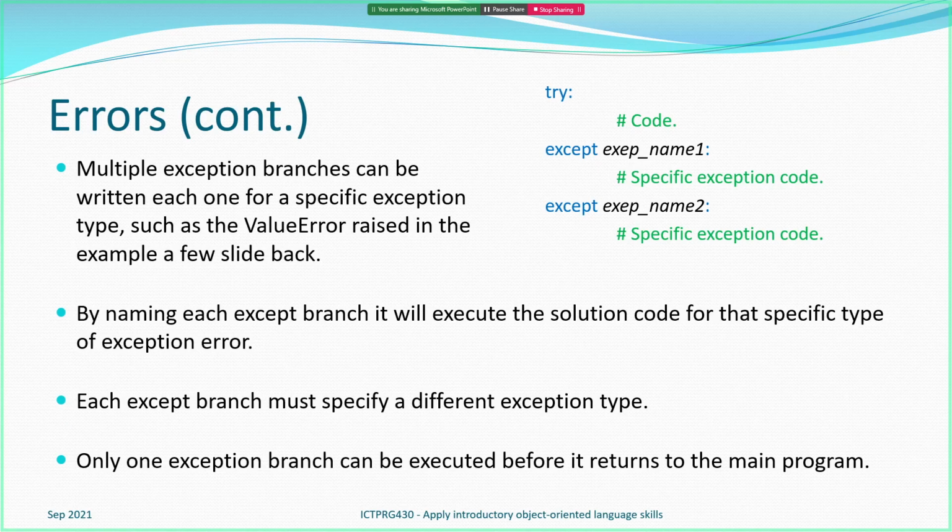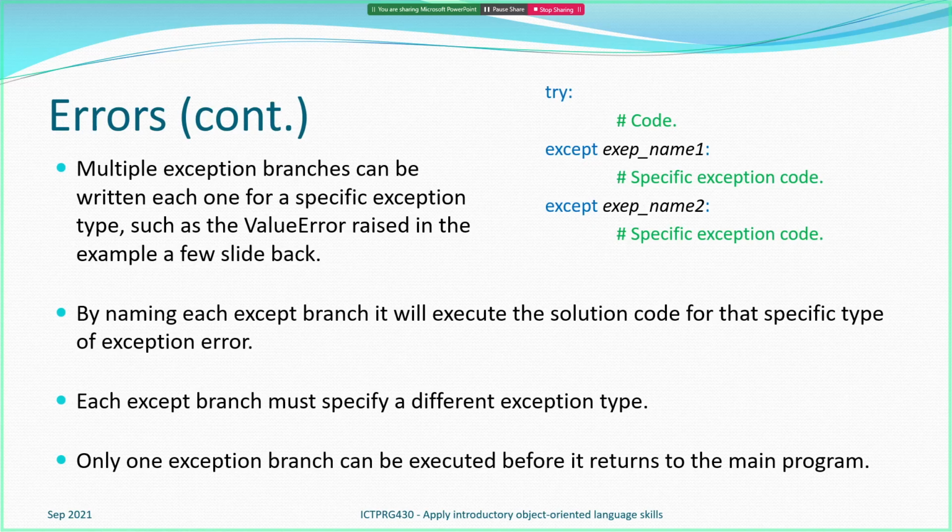Can we have multiple exceptions? Yes, we can. Why do we want multiple? Well, when an error occurs, we get that value error raised. So it tells us what type of error it was. So we can create code for specific error handling.